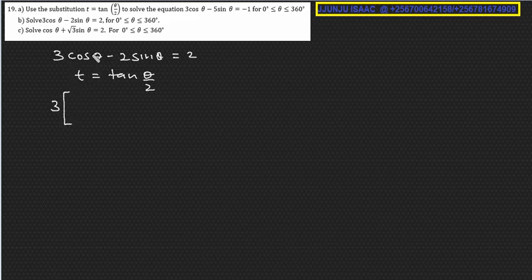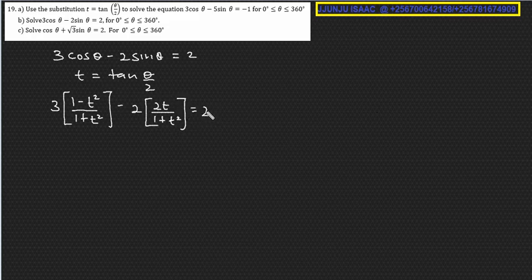The substitution for cos theta is 1 minus t squared over 1 plus t squared. Then minus 2, the substitution for sin theta is 2t over 1 plus t squared, equal to 2.